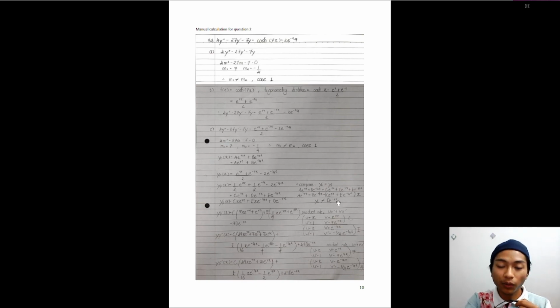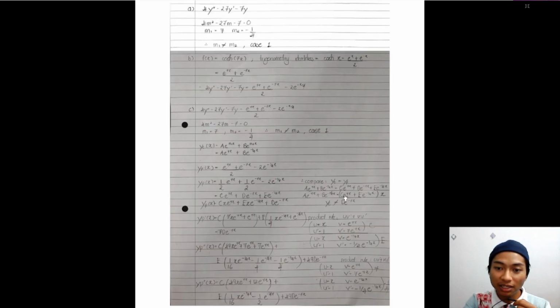When there is the same term in yc and yp, the same term in the yp we need to multiply by x. So in this case, the same ones are c e to the 7x and e e to the negative 1 over 4x, the same pattern as the yc.